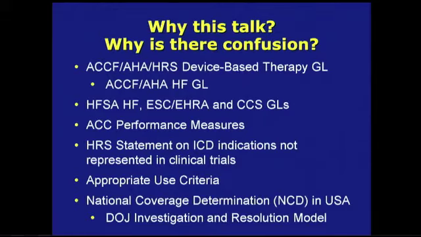The American College has now got performance measures which grade us on using these devices. HRS has decided to come out with a paper detailing indications for ICDs outside the guidelines. We also have a thing called appropriate use criteria, which is for insurance carriers.